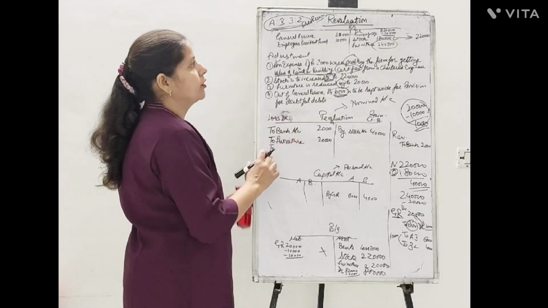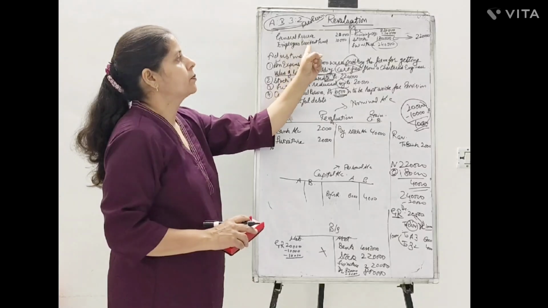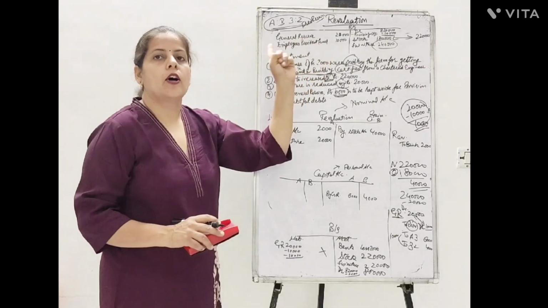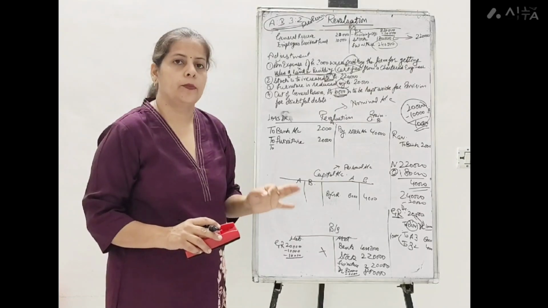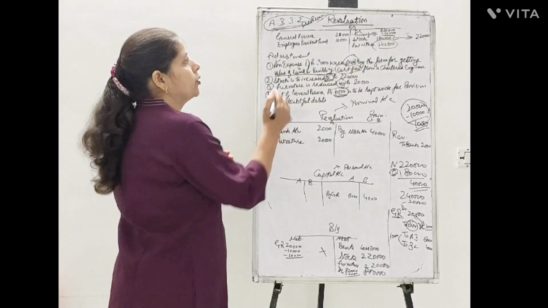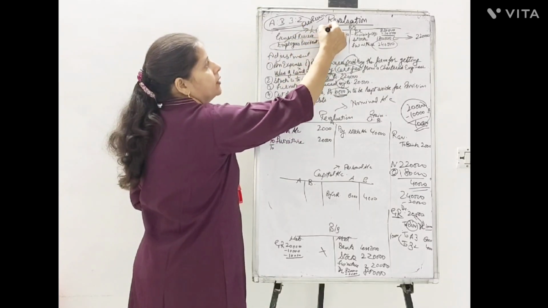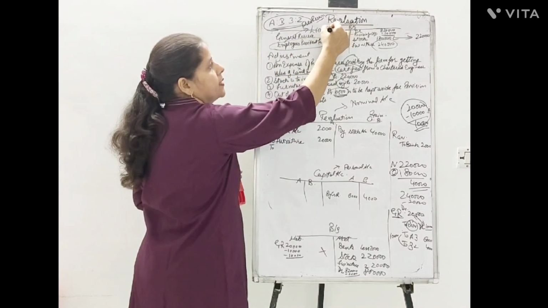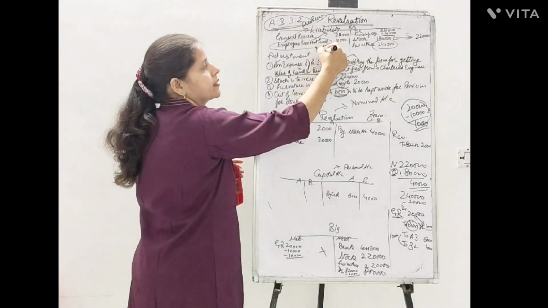Now this point is finished, but in the balance sheet I have written one more point, that is employees provident fund. Employees provident fund is payable to the employees at the time of their retirement. So EPF is a liability of the firm, of the business. It is not a free reserve.